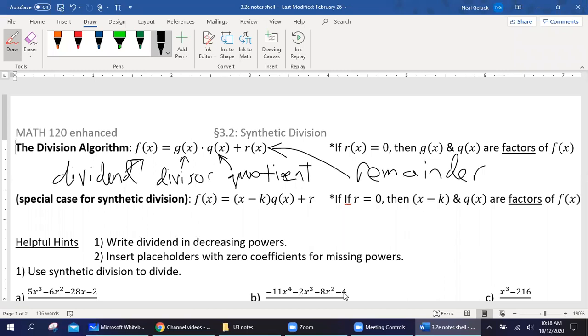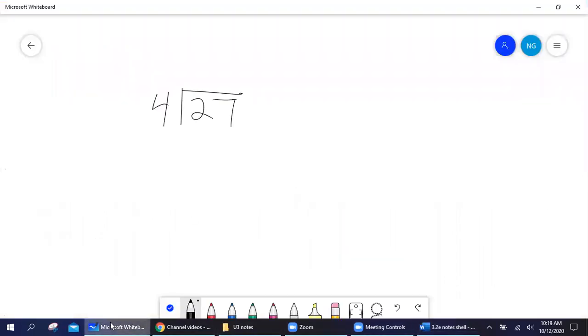So what is this? This is basically what you learned a long time ago. It was how you checked your division problem. Way back in second or third grade, if I had 27 divided by 4, that goes in there 6 times. 6 times 4 is 24.